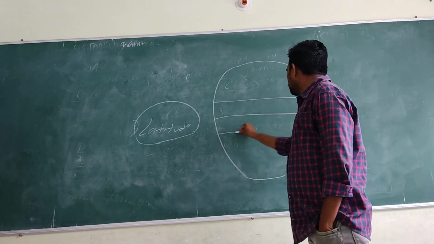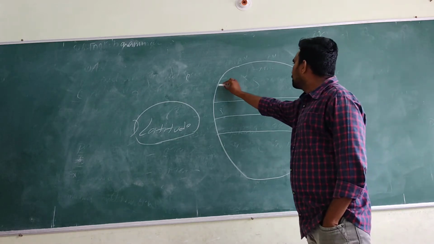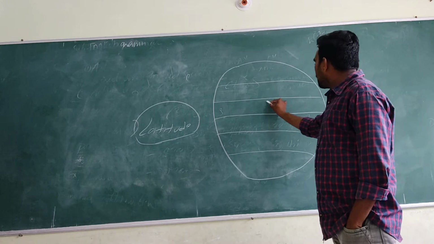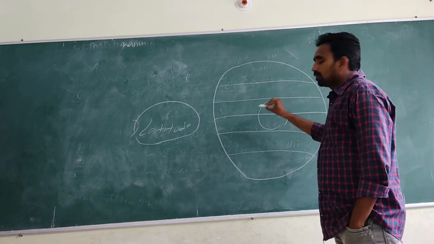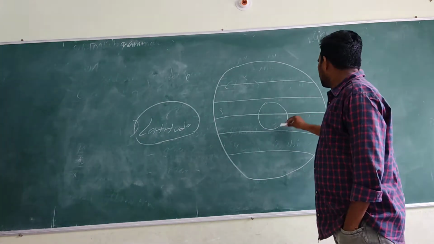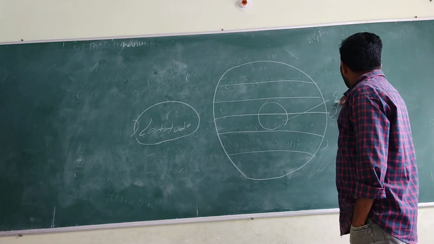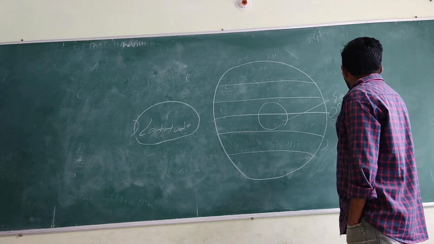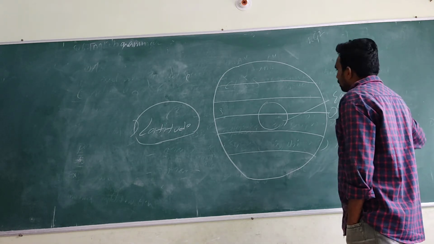Three climatic zones. What are the three important climatic zones? The area near the equator is known as the equatorial or tropical region.